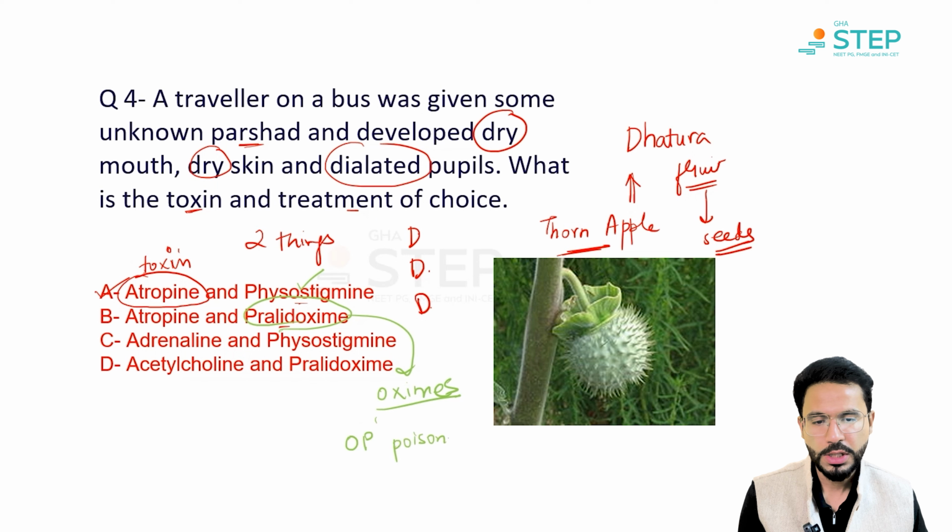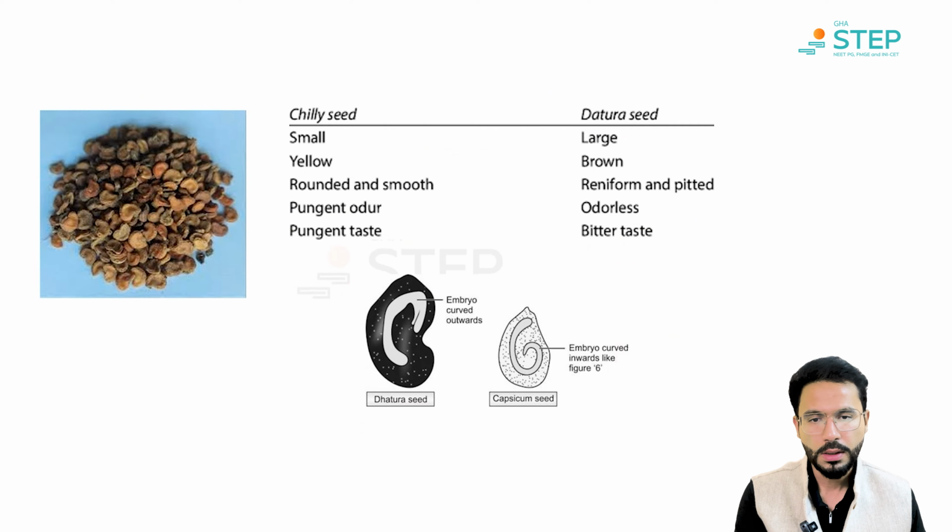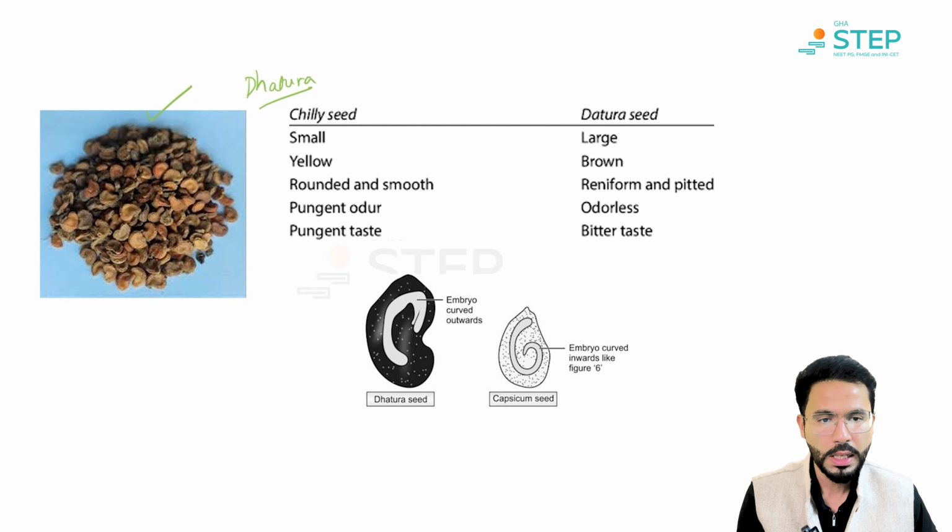So in agricultural poisons, in organophosphorus poisoning, pralidoxime is used as a treatment, whereas physostigmine is the treatment of choice in Datura poisoning. So remember that when you have an image as shown earlier, or these seeds, we are talking about Datura. Now Datura has to be compared with chili seed.